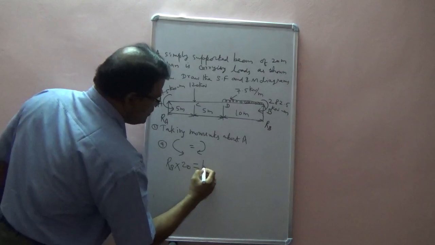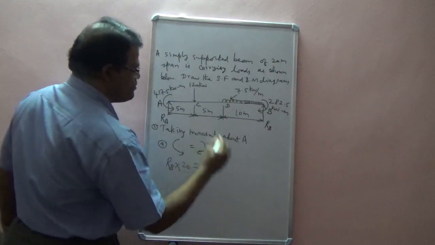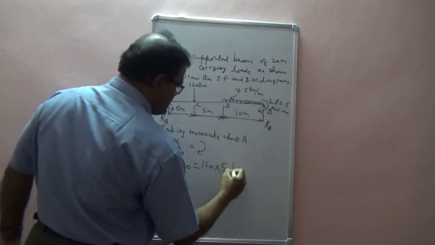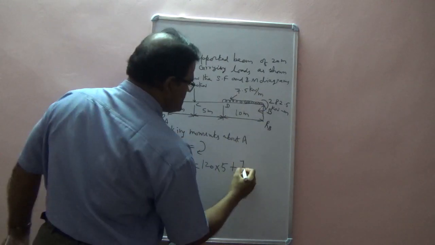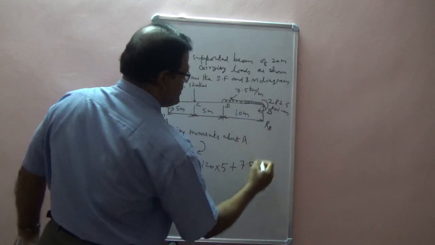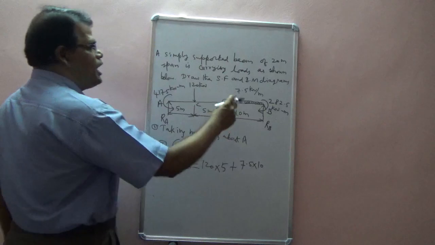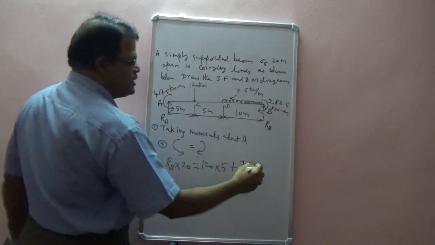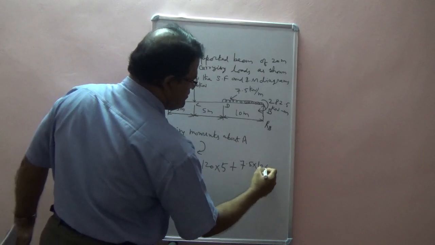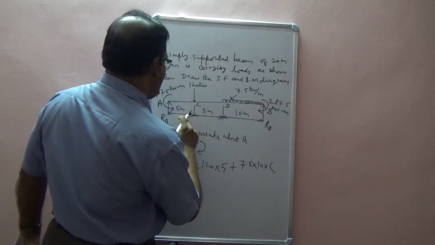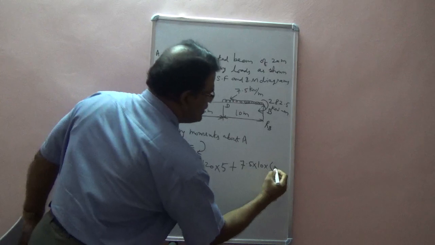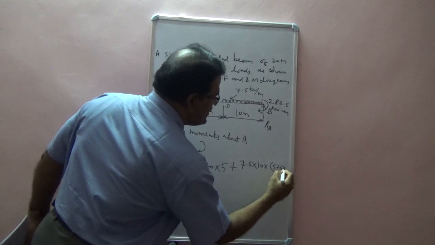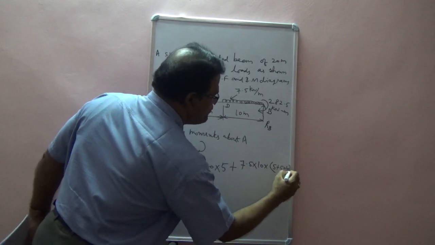So this is 120 kilonewton multiplied by 5 meter, plus this load, 7.5 multiplied by 10, is the total load, and it will act at the center of gravity, the center of this span length. Therefore the distance is 5 plus 5 plus 10 divided by 2.